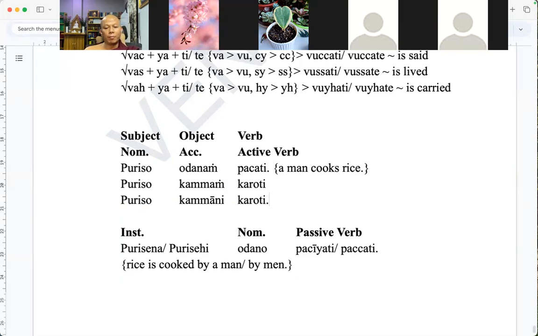We don't need to align with the above because in the passive, the object is predominant, or the object is emphasized. But in the active, the subject is emphasized. So the subject is what we need to take care to align with the verb.